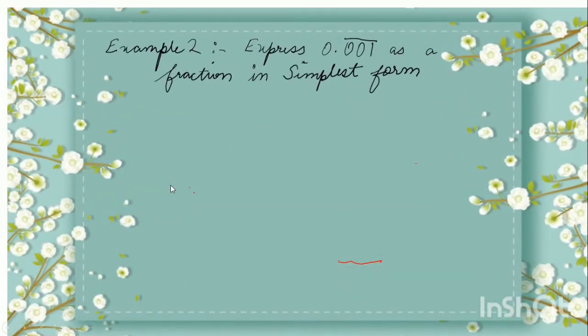Now take one more example. Now we want to express x as 0.001 bar, with the bar over 3 digits, in simplest form. Now the bar is over 3 digits, so you will be multiplying by 1000 on both sides.